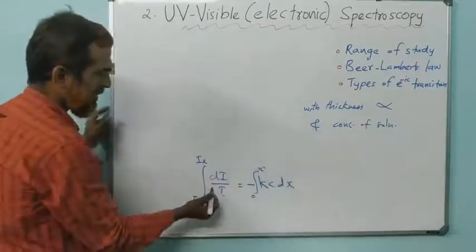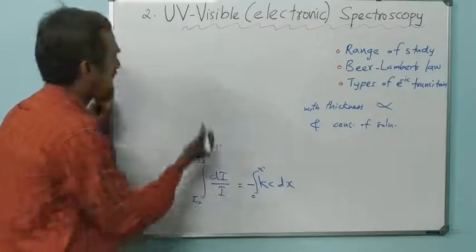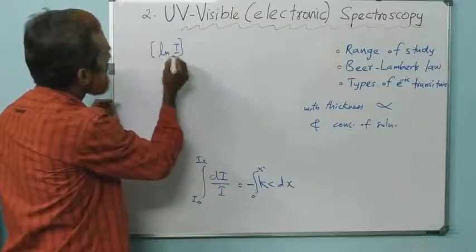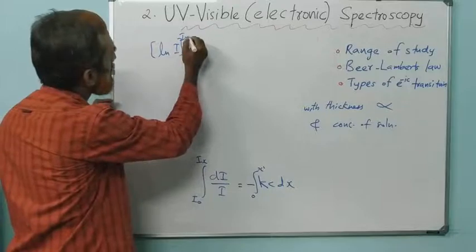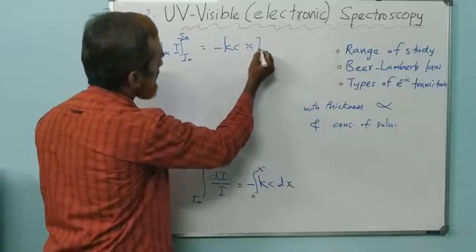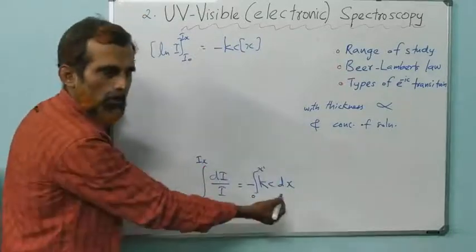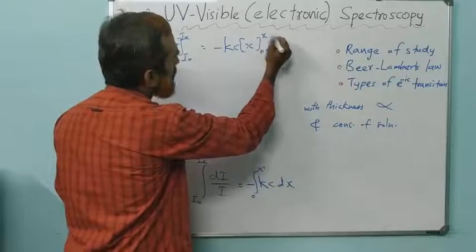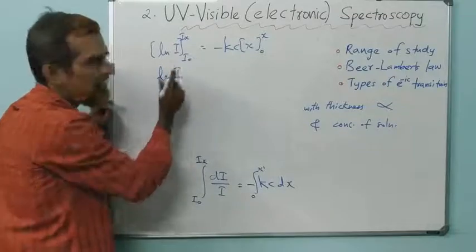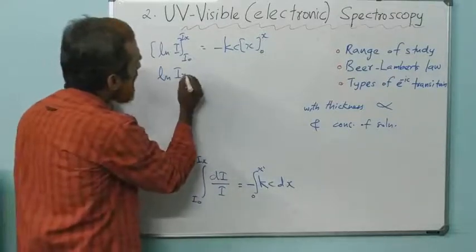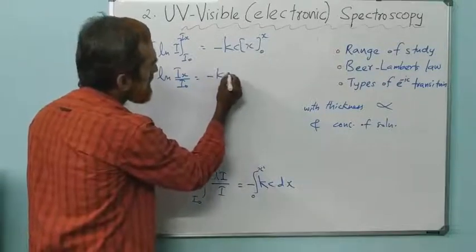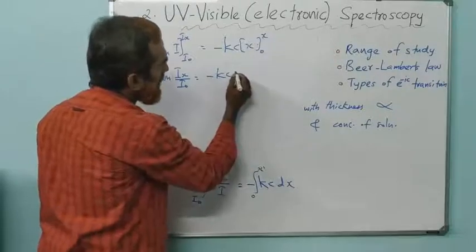We'll get it as, the integral of dI by I is log I, between the limits I0 to Ix, equal to, here the constants k and c, and x, you get the integral of dx, which is x, between the limit 0 to x. So what you get here? You get log Ix minus log I0 will be what? Log Ix by I0 equal to minus kc x minus 0, it becomes kcx.